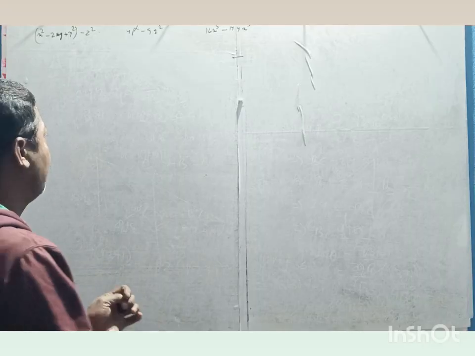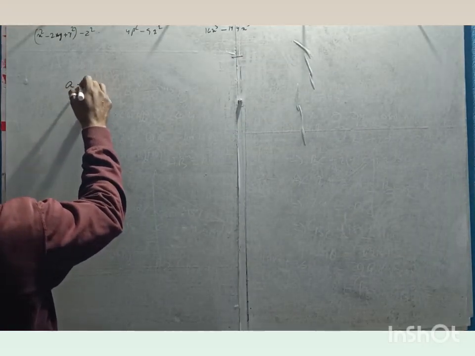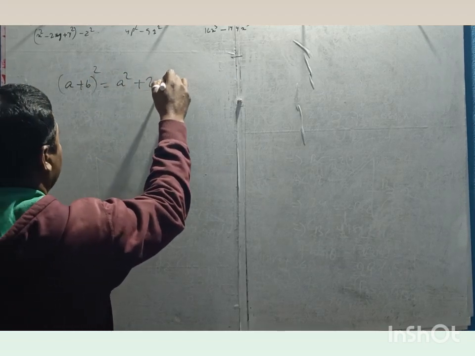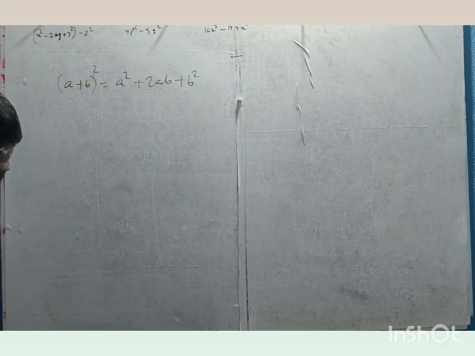So you know the identities: (a + b) whole square equals a square plus 2ab plus b square.